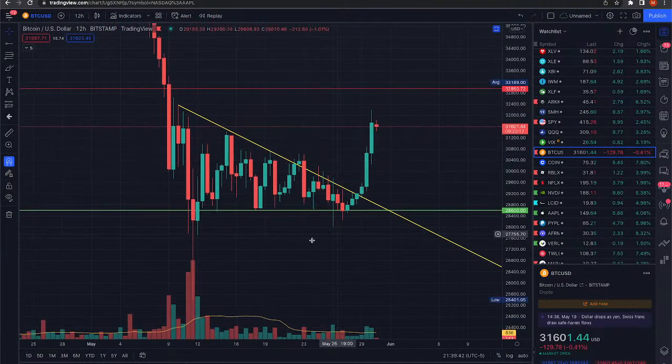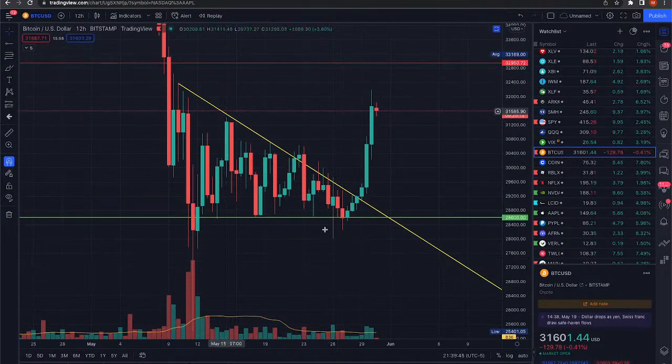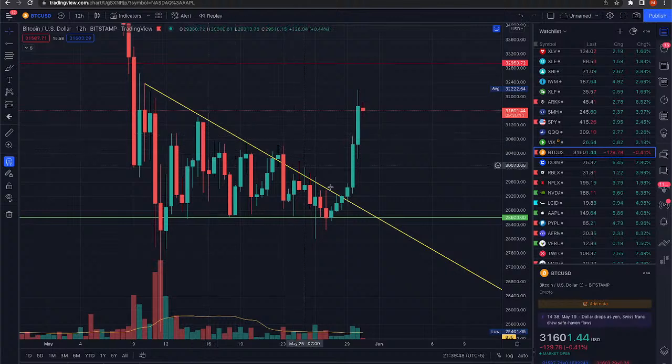Because it trades 24 hours, it's a little different. But yeah, on the 12-hour you can see clearly it kept rejecting this yellow line, and then it broke up. And now what we're looking for is a 12-hour consolidation or another little trend change to keep that going up.